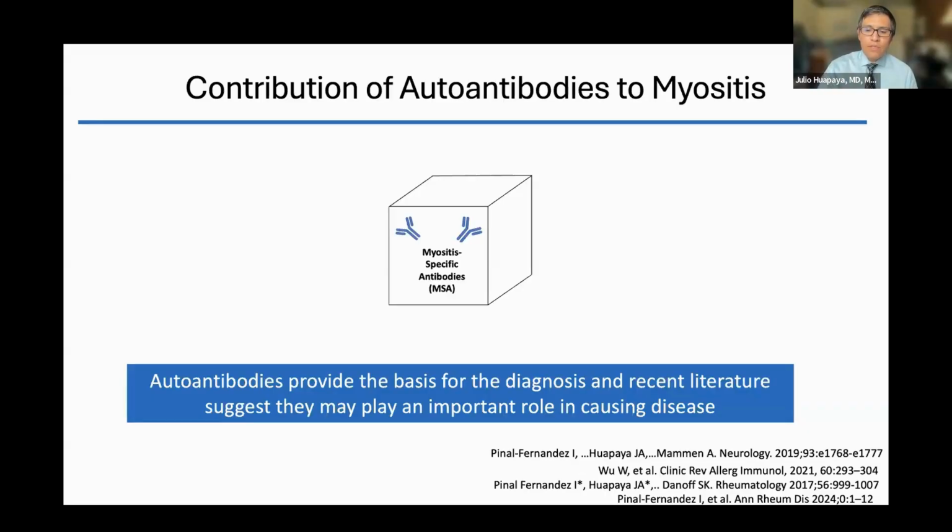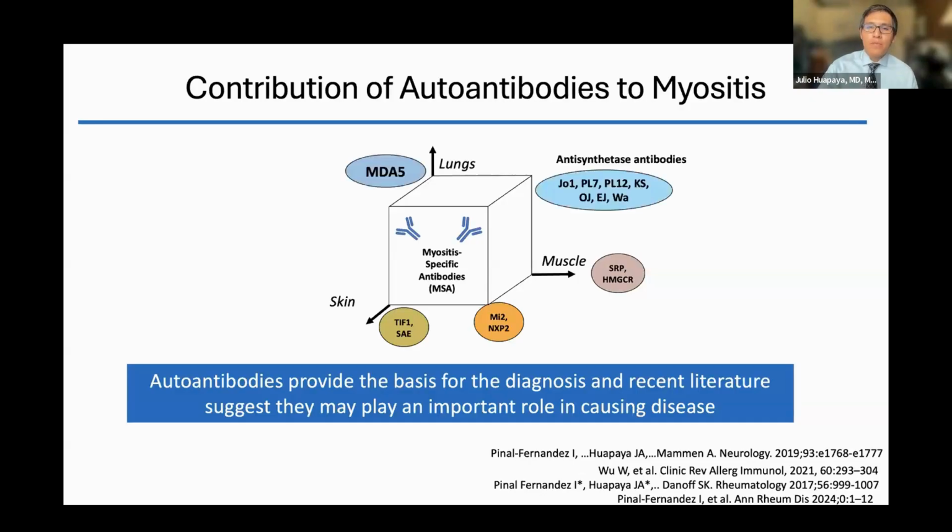Now, to put this in perspective, we have certain antibodies such as TIF1 or SAE that usually give you a more skin predominant disease. We have other antibodies such as SRP or HMGCR, and you don't have to remember these antibodies, but this is to highlight that these antibodies give you a more muscle predominant disease. We have some others such as Mi2 and NXP2 which give you both skin and muscle involvement.